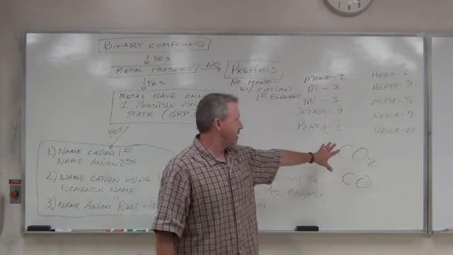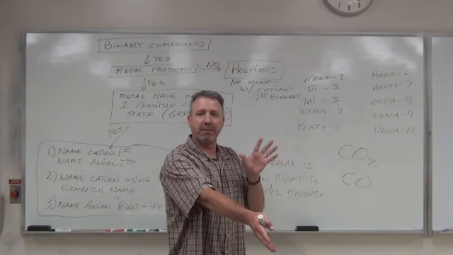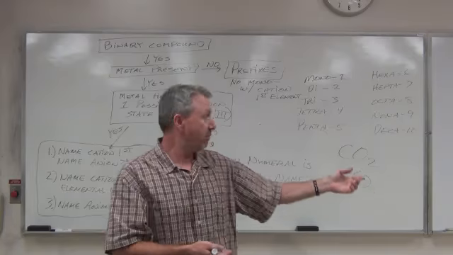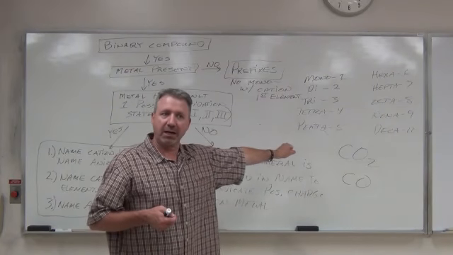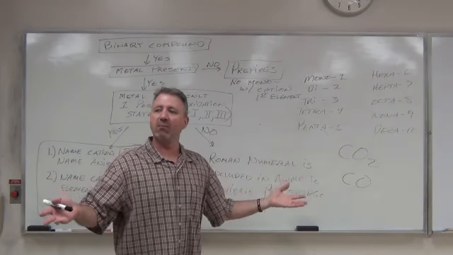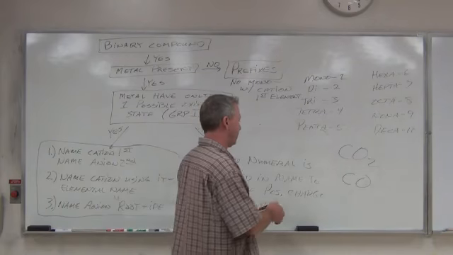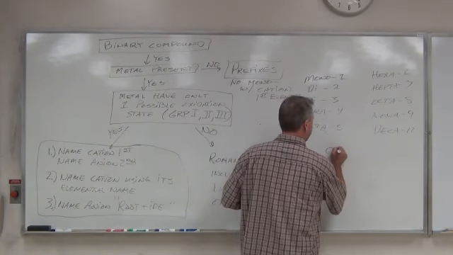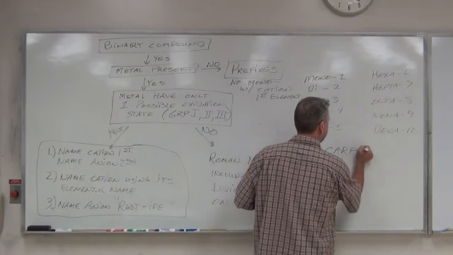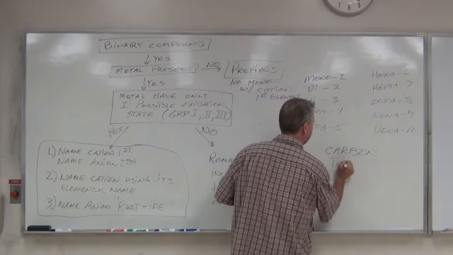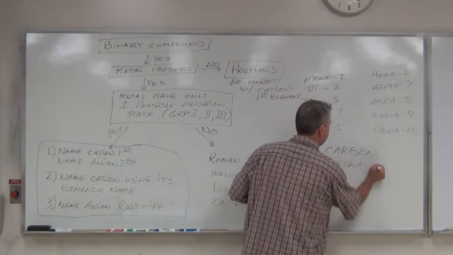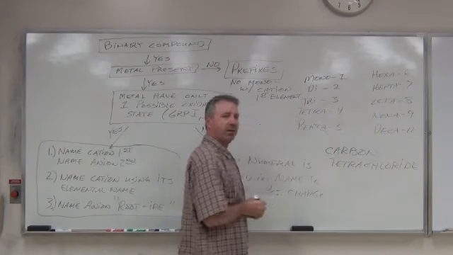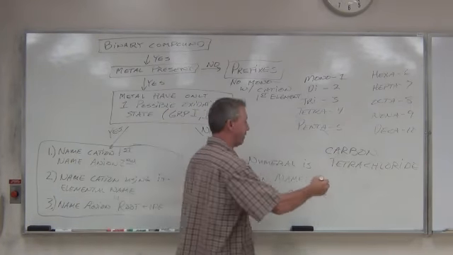Now, these are just straightforward naming, right? And when you're given the name, it's even easier with the covalent compounds because you just write down whatever's given, right? If you have one that says carbon tetrachloride, you just write it down.